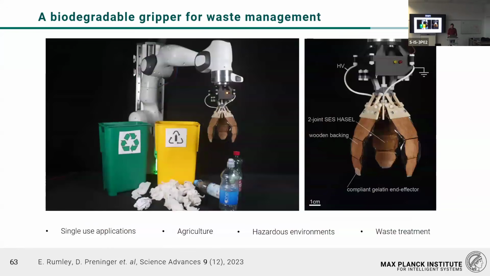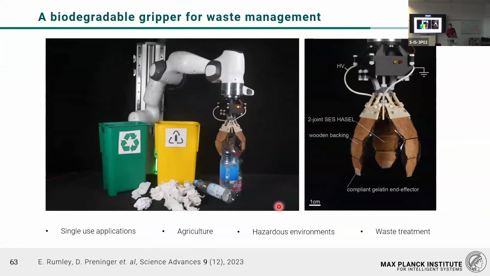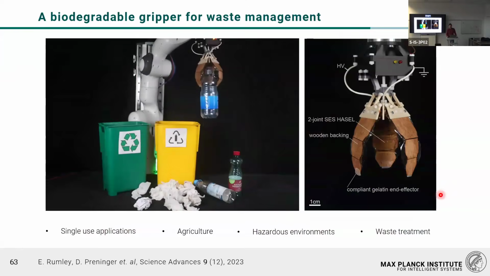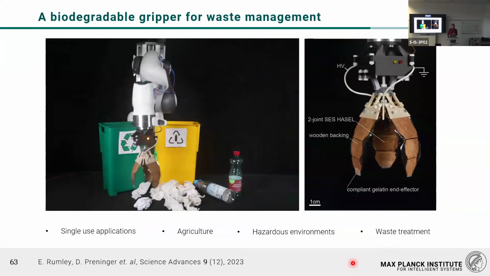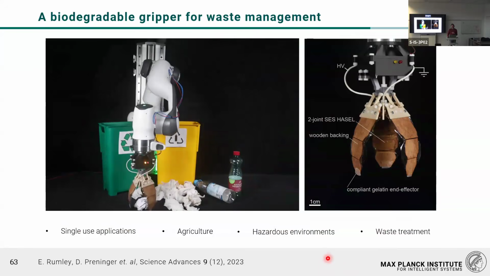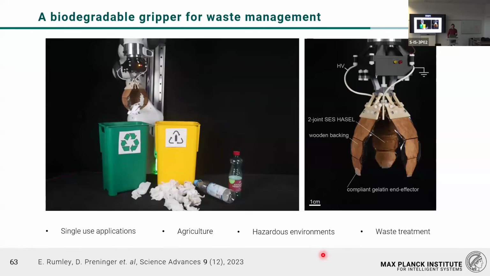That's quite interesting if you then want to use it, for example, for an ant-factor, where we have here an ant-factor made from this biodegradable artificial muscle. We use some wood for stiffening. You can use this, for example, to interact with waste or hazardous materials, when you expect that you will not use the ant-factor for a very long time.